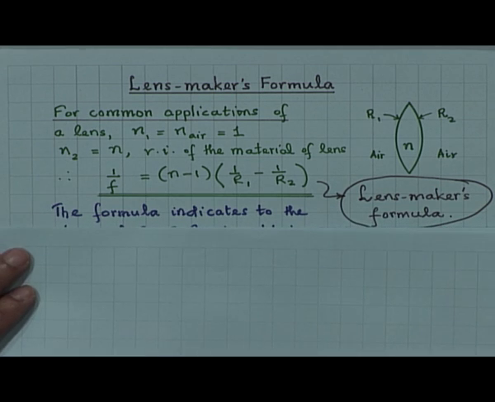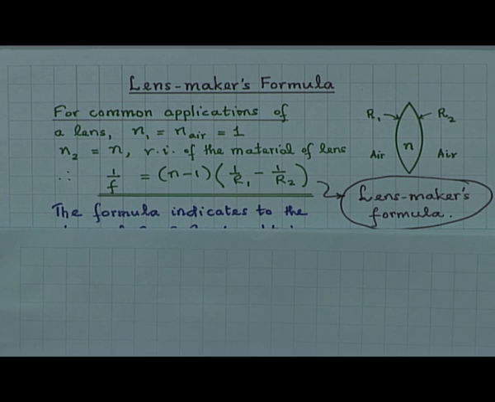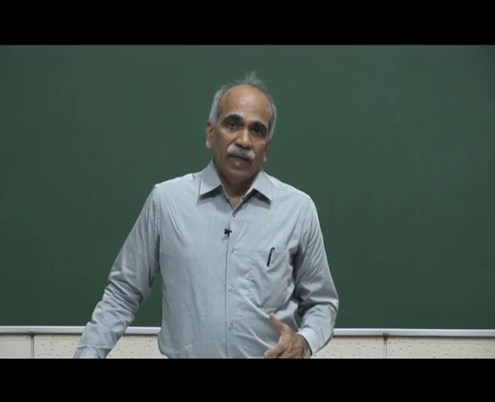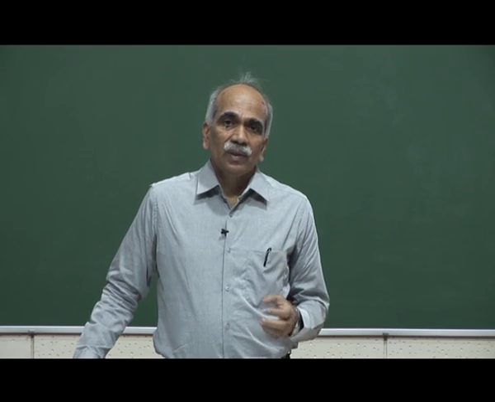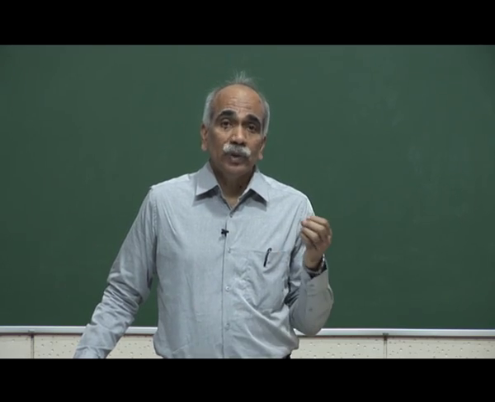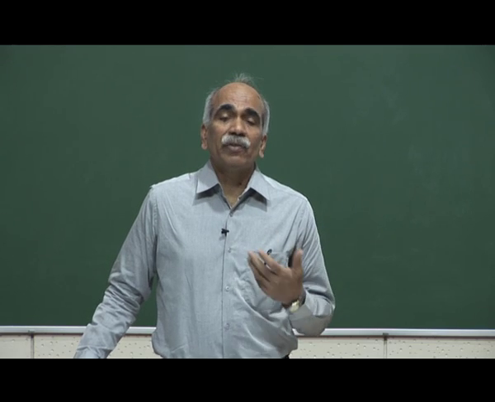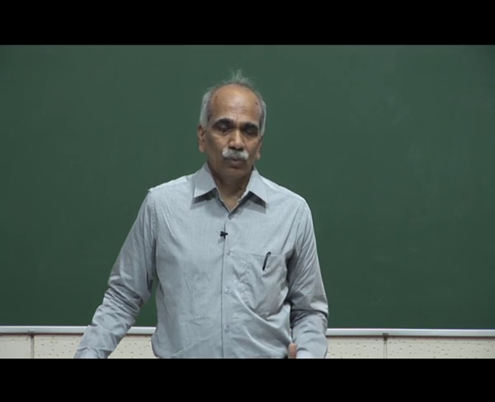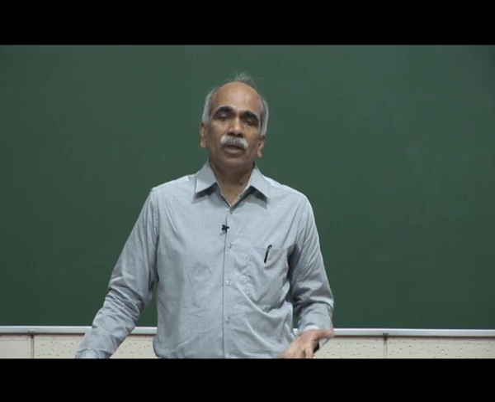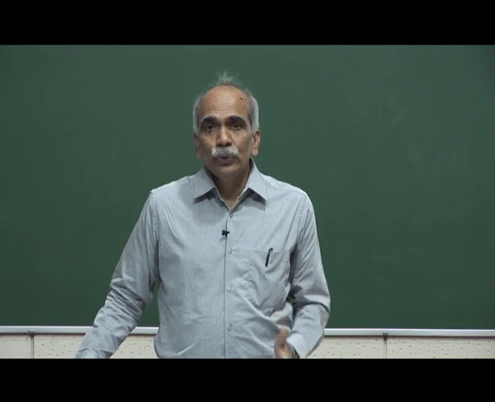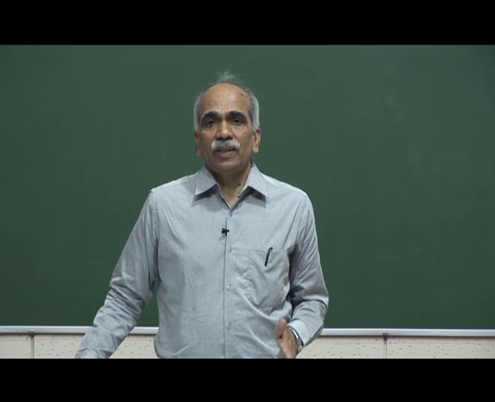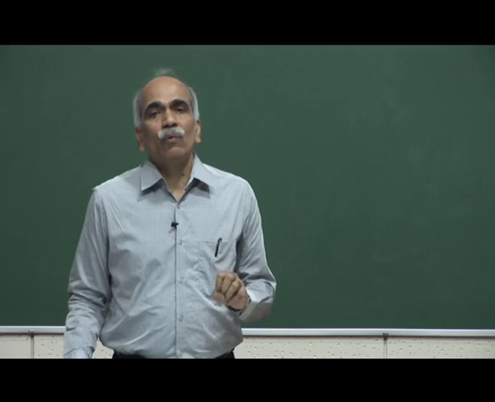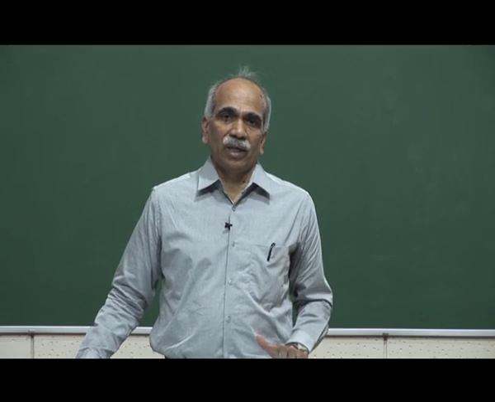This is called the lens maker's formula, because when one would make a lens for a particular application, to obtain a required focal length f, the lens maker can choose a material and required values of the radius of curvature r1 and r2. r1 may be equal to r2 or may not be equal to r2, but he can choose the radii of curvature to achieve the required focal length for a particular application.